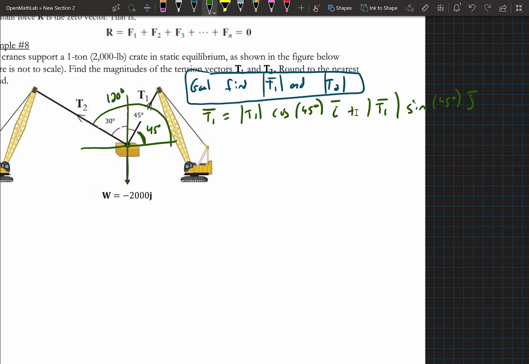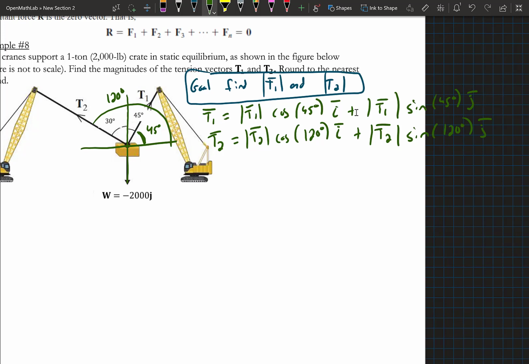Right? So then vector T2 would be the magnitude of T2 times cosine of 120 degrees times vector i plus the magnitude of T2 times sine of 120 degrees times vector j.